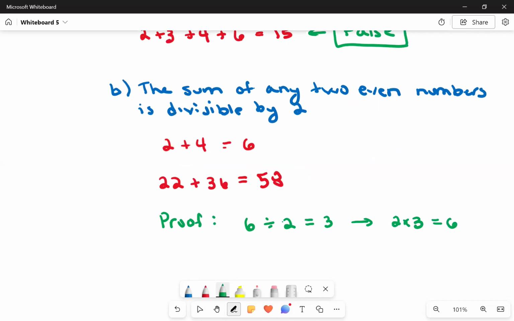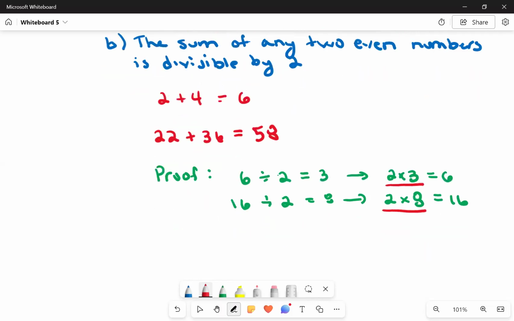Another number divisible by 2 is 16, because when I divide it, I get 8. Another way of saying that is 2 times 8 is 16. So the idea is even numbers can always be written as 2 times something because they're divisible by 2.